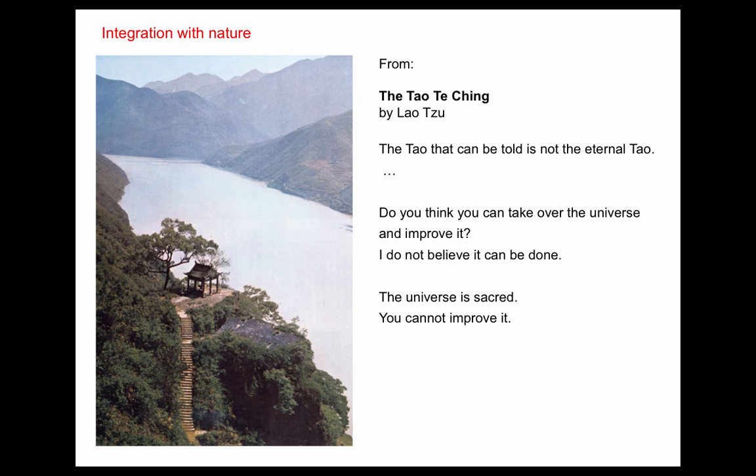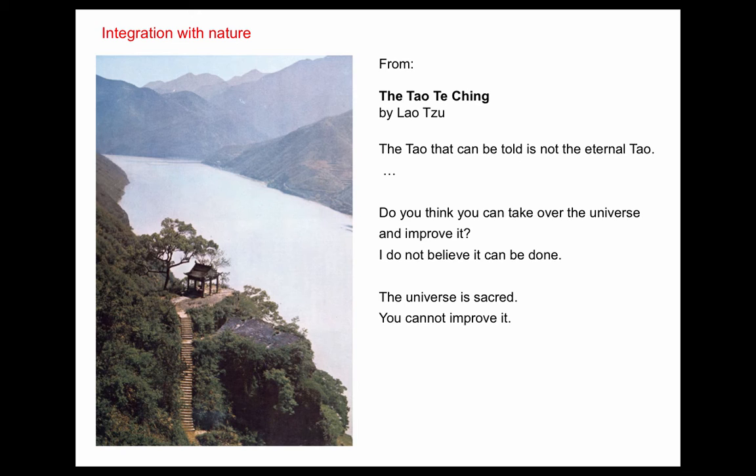Now let's look at the East and pardon the cliched simplification, but we want to sort of build up these ideas to see something that's happening in Frank Lloyd Wright. So, in the Tao Te Ching, which is the great spiritual book of China by the legendary figure Lao Tzu, he opens with, the Tao that can be told is not the eternal Tao.